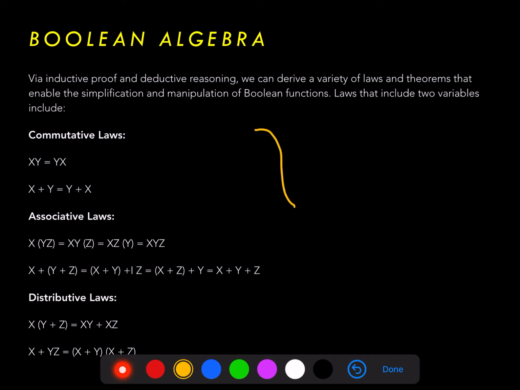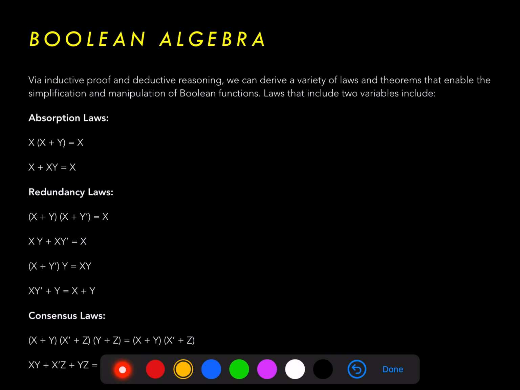These laws shown on this slide are very similar to the ones we use in regular algebra for algebraic manipulation, or moving around variables. And as you would expect, they apply with Boolean algebra as well.